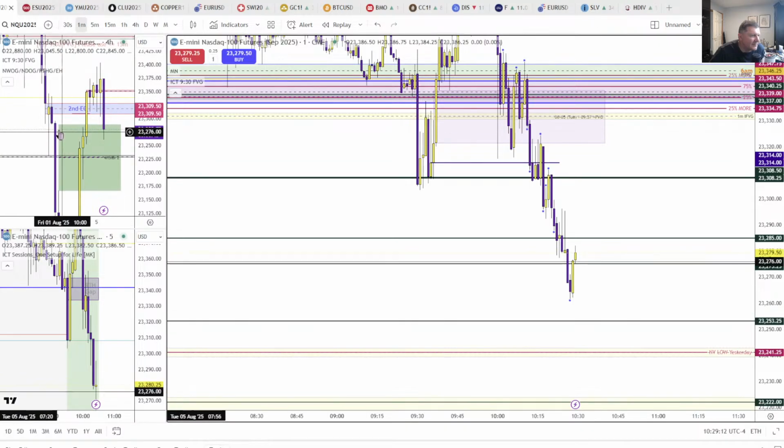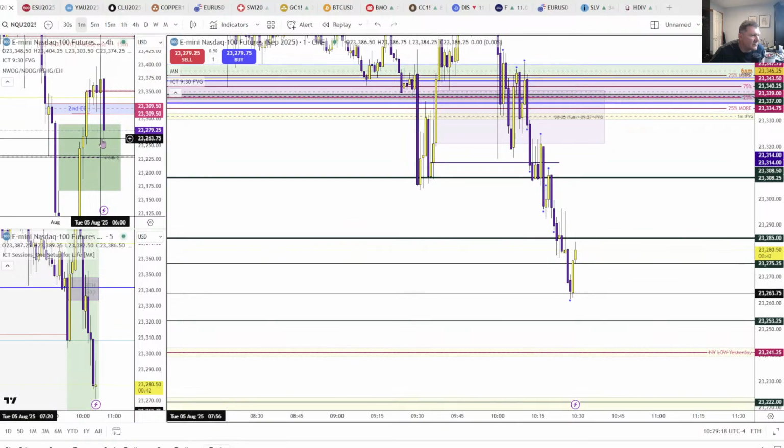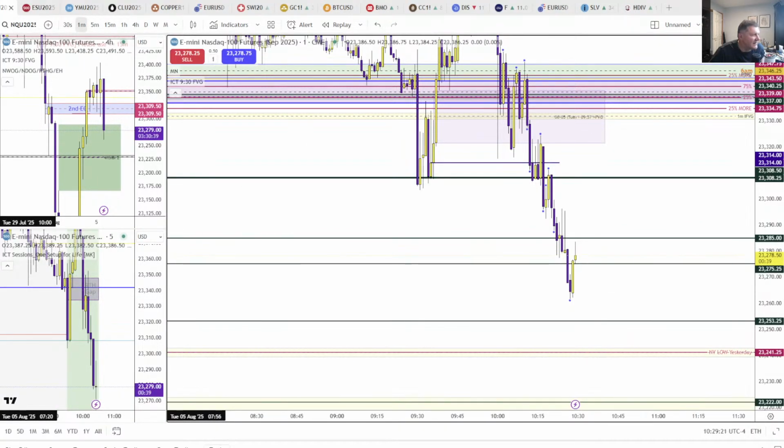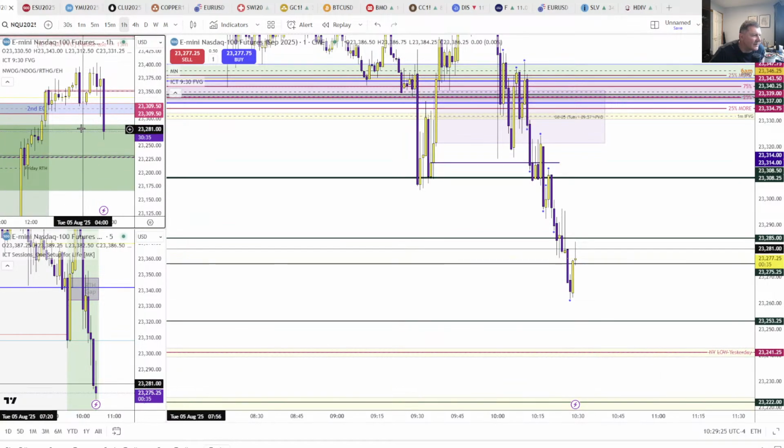So we've come deeper into this range. I don't see anything there on a 4 hour. Do you guys see anything on a 1 hour? I'm looking for a target objective now.